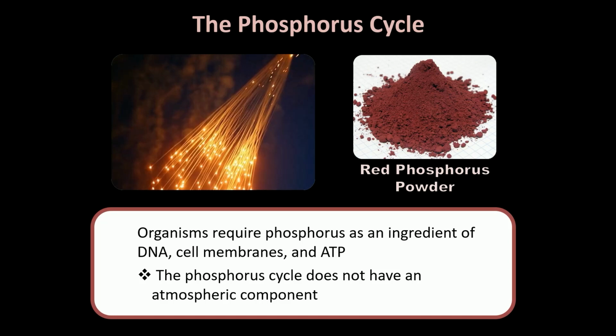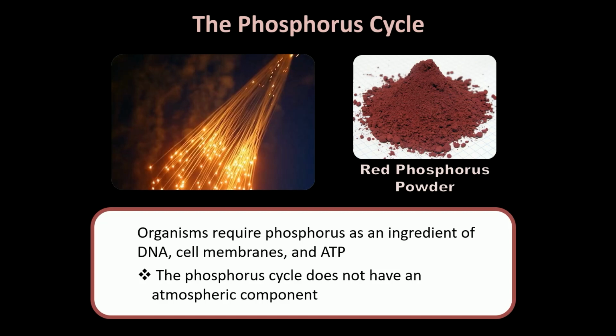Now, one of the big differences between the phosphorus cycle and all the other biogeochemical cycles we're going to talk about is that there is no atmosphere component of the phosphorus cycle. The carbon cycle involved photosynthesis and cellular respiration, both of which involved exchanging carbon dioxide and oxygen with the atmosphere.